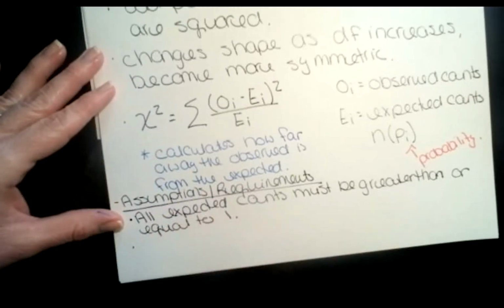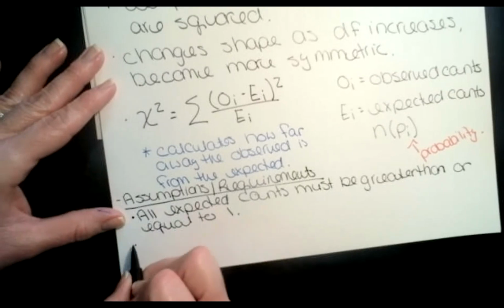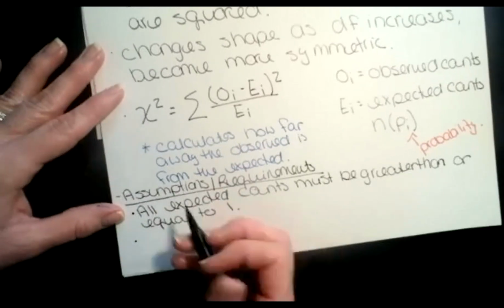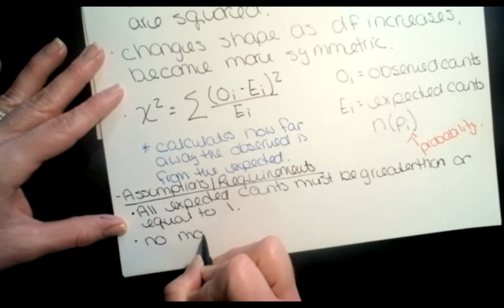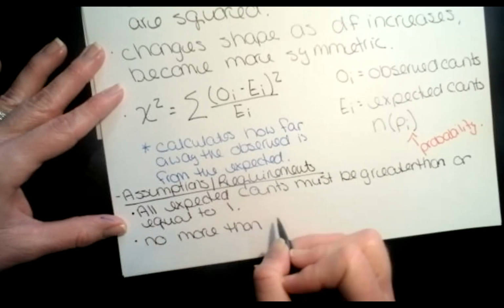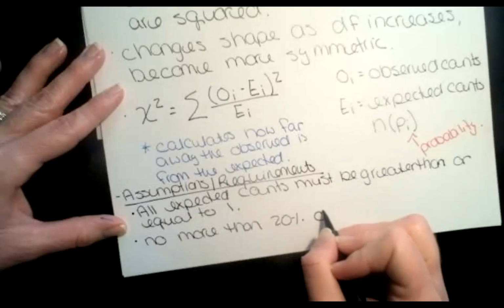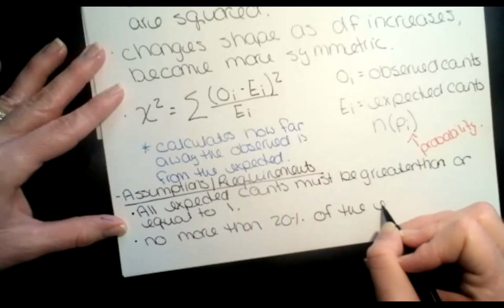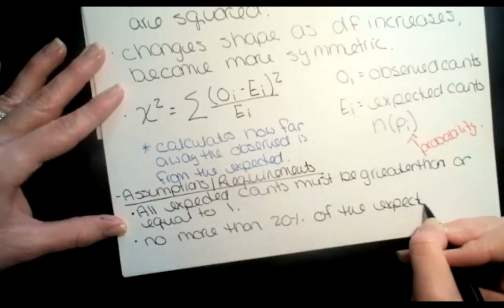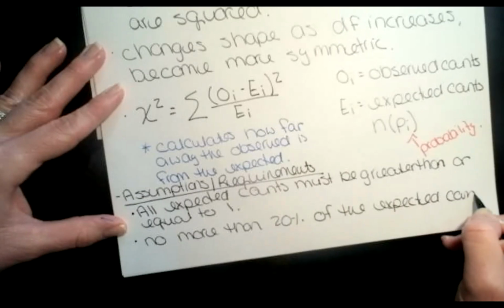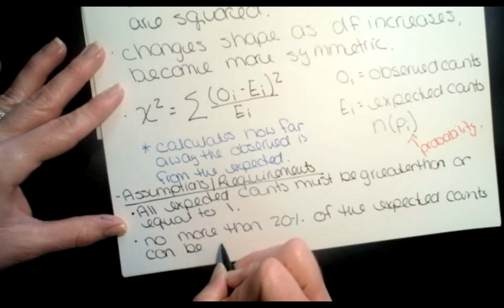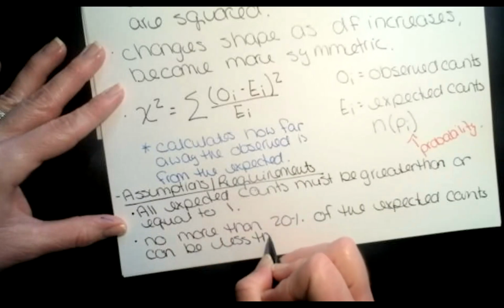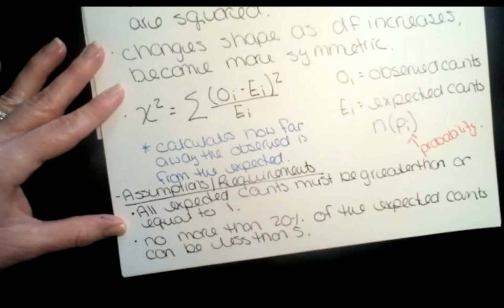That's the first one. And then this one, you have a little bit more calculation to do to check to see if it's true. No more than 20% of the expected counts or frequencies can be less than 5.